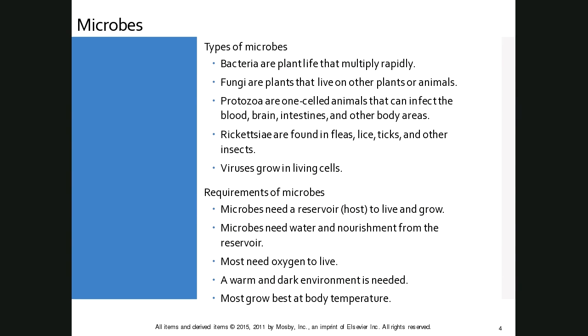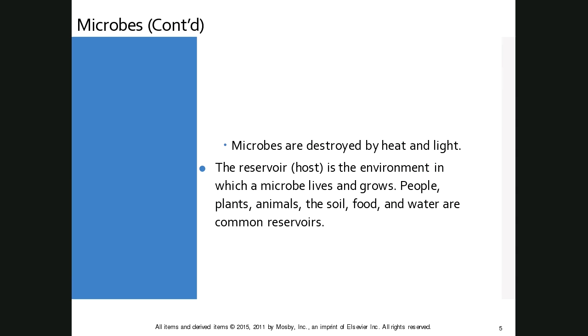That's why they keep surgery so cold, because microbes don't grow well in cool temperatures. Microbes are destroyed by heat and light, and that is the process of sterilization.